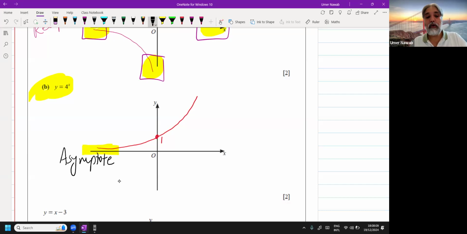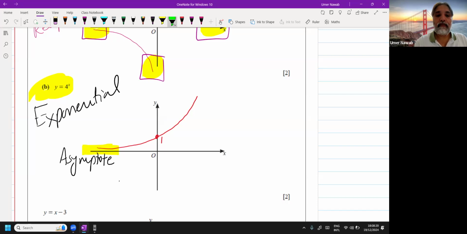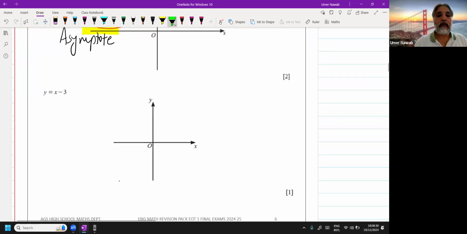X-axis is the asymptote of this exponential curve. And the name of this graph is exponential curve. And it's going up. Okay. But on the left-hand side, it should get closer to the x-axis.